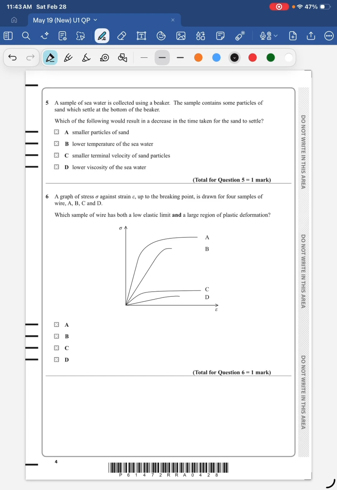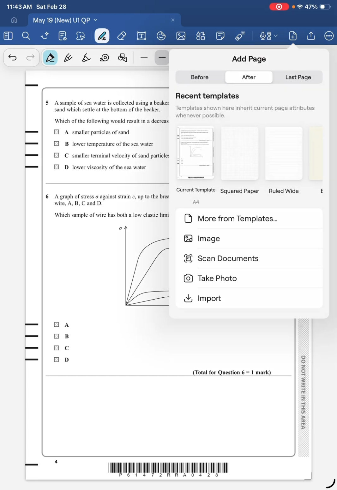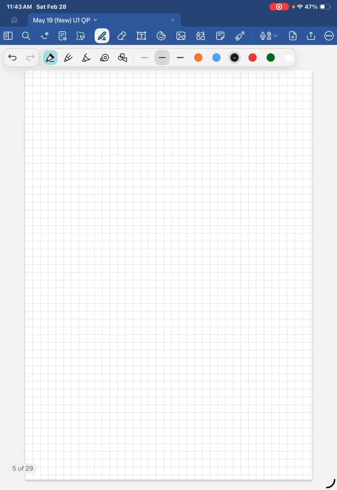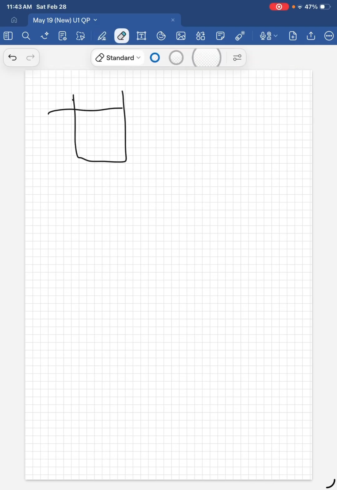Okay, so as the sand moves through the water, I can use a clean page to demonstrate. So this is the beaker, I guess, with the water. And maybe this is the sand particle that sinks to the bottom of the beaker.